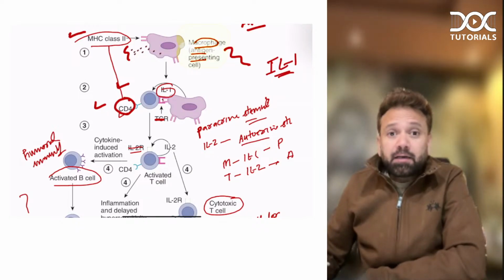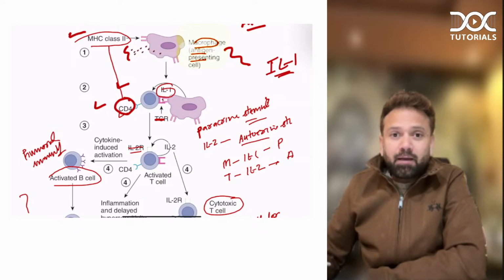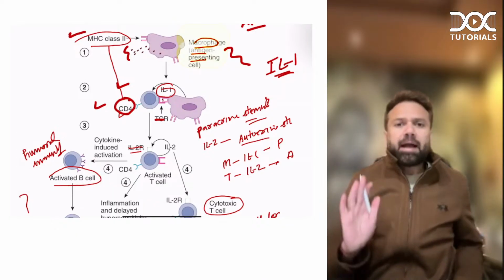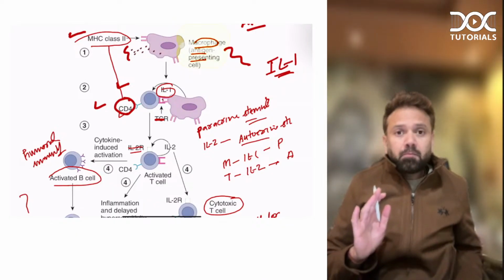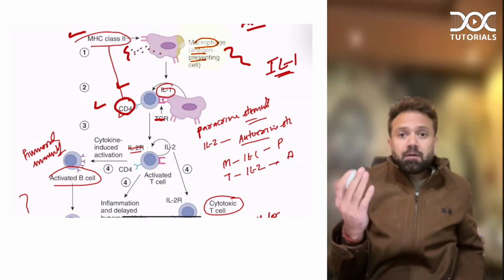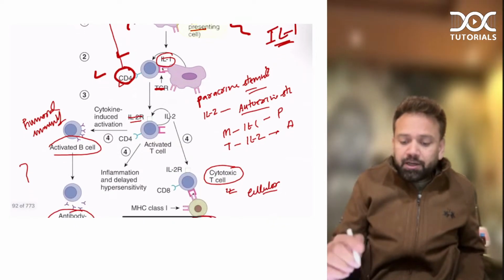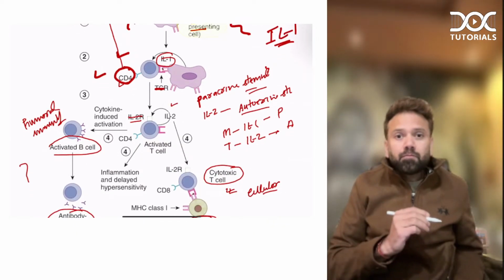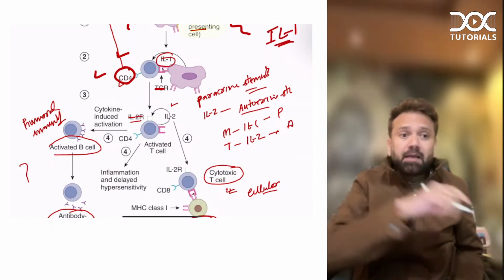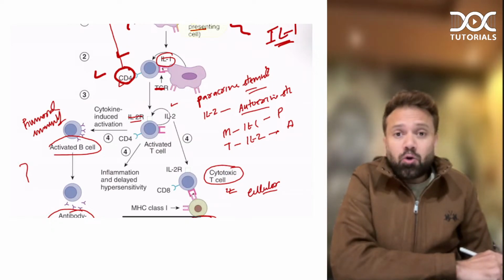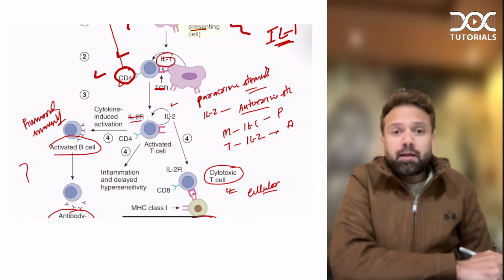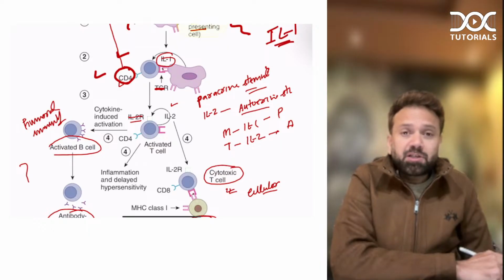Now, your T lymphocytes will be activated enough by paracrine stimulation. They will also release interleukin 2 and they will activate themselves. And what is that called, my dear doctor? That is called autocrine stimulation.